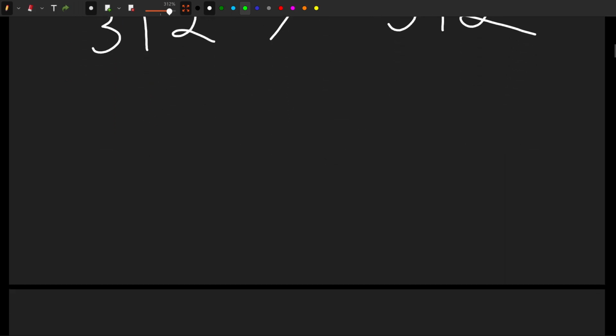And so when we're talking about absolute value, let me go to a new page here. Absolute value is something very important.